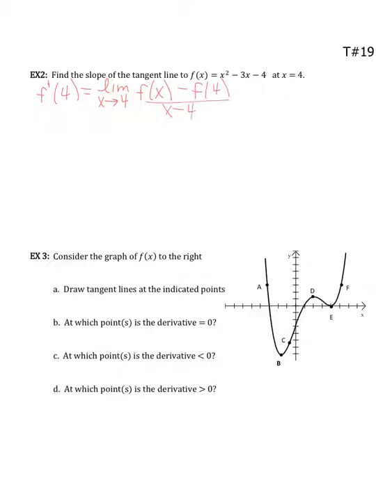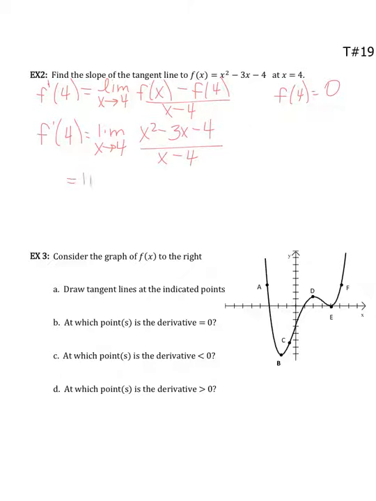Now let me get specifically what those things are. So let me go ahead and get f of 4. What is f of 4? 16 minus 12 minus 4. Oh, that happens to be 0. Okay, so f prime of 4 is going to be the limit as x goes to 4 of f of x, minus 0 is kind of silly, over x minus 4.